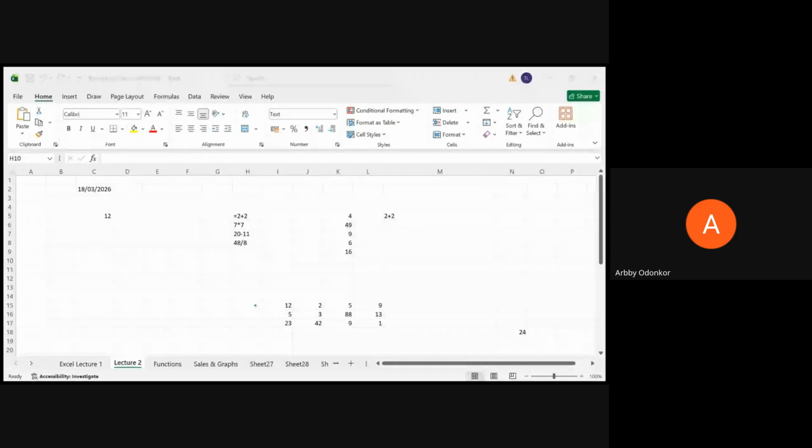This one is not like Zoom. So let me go to the actual document. All right, so I'm going to paste.